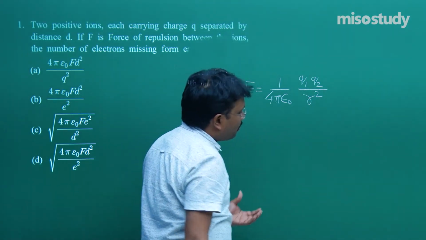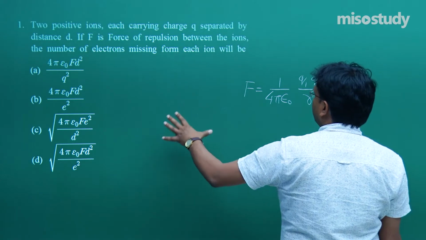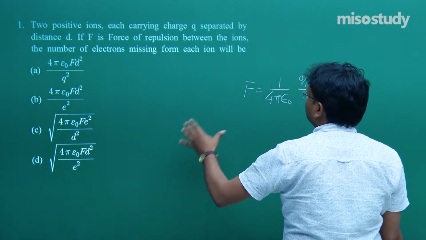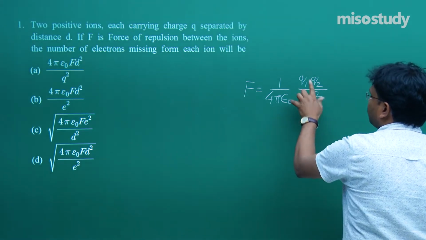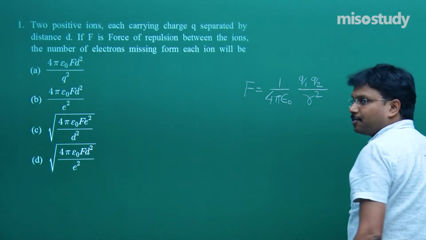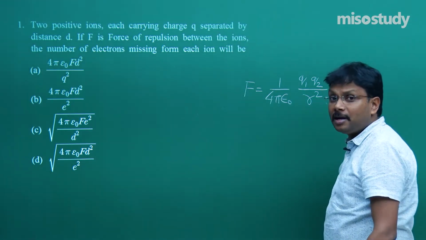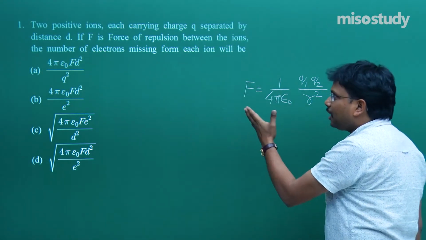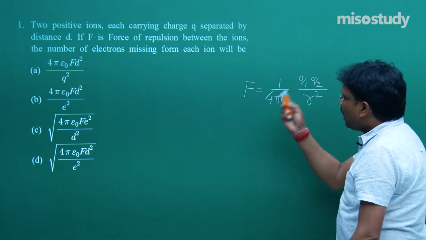This is your basic formula. It means that two charges separated by a distance, the Coulombian force is acting like this. So don't you think this question is very simple? It is a basic application of Coulomb's force of attraction or repulsion.